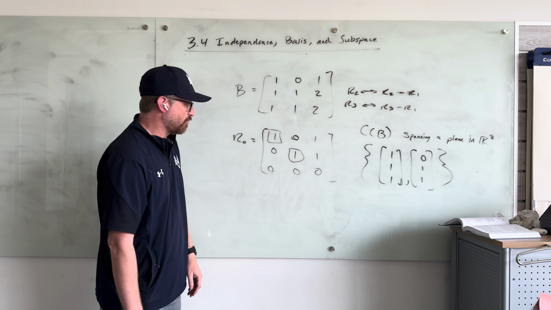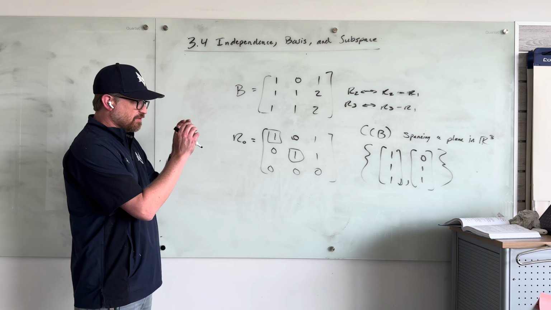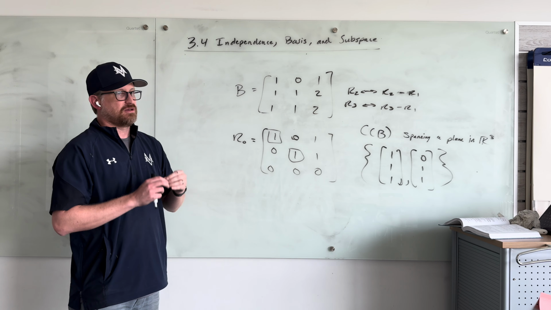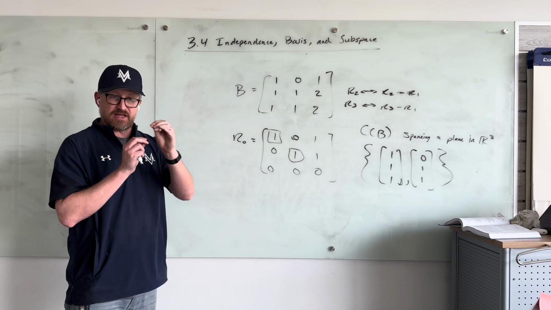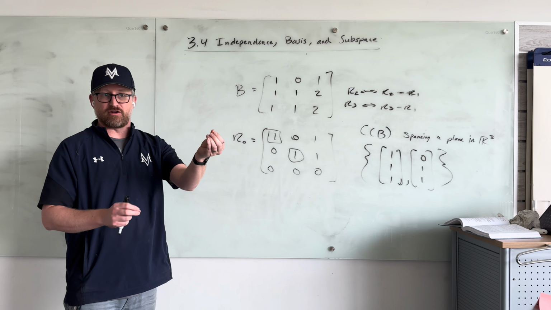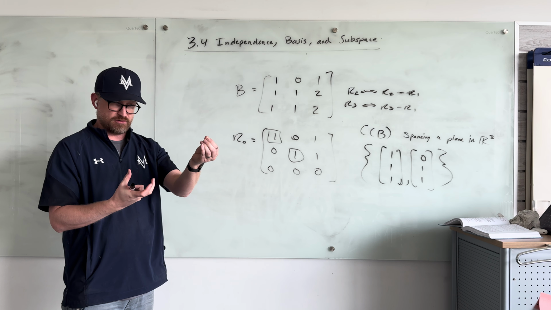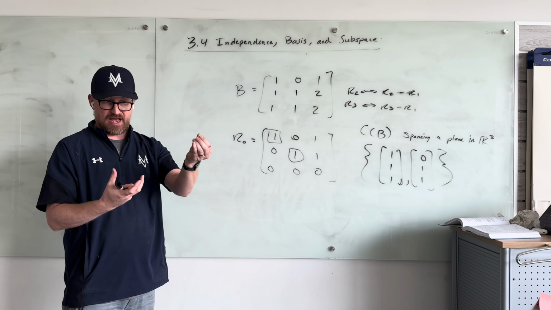And so I think one more important statement, just to really emphasize, is that when we're describing a basis, every vector in that space, we can get there through one unique combination of the basis vectors, whatever basis we have.